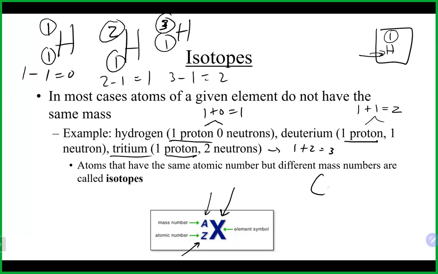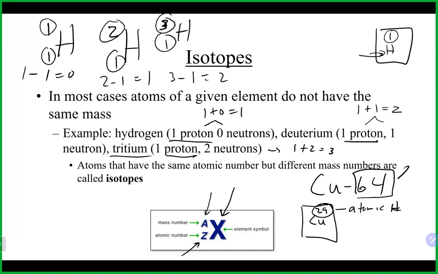Now, what if you have something like Cu-64? That is an isotope of copper. What do you think the 64 represents? Atomic number or mass number? I know for sure if I go to the periodic table and find copper, it says 29 on top, and 29 would then be the atomic number, which means this is actually the mass number.